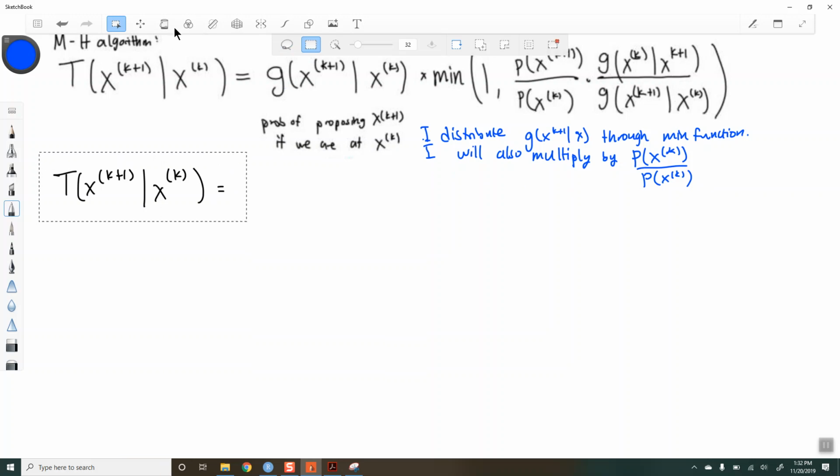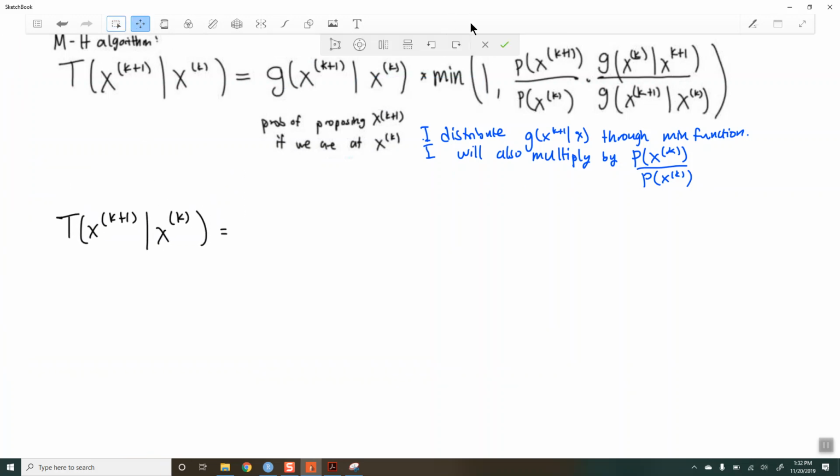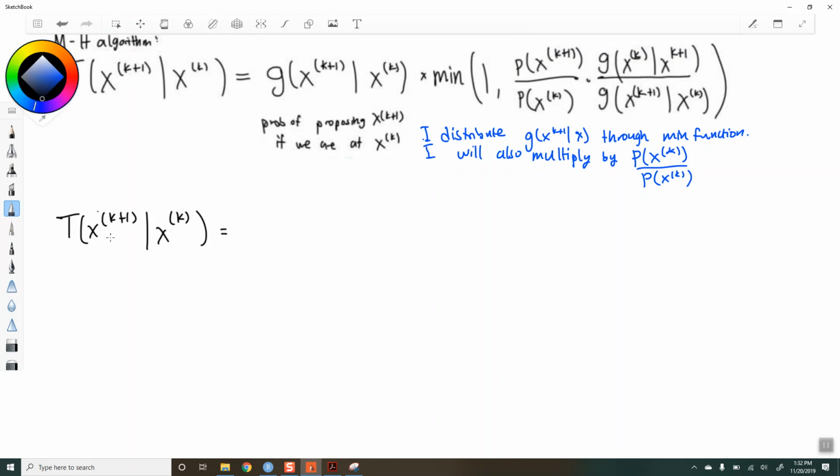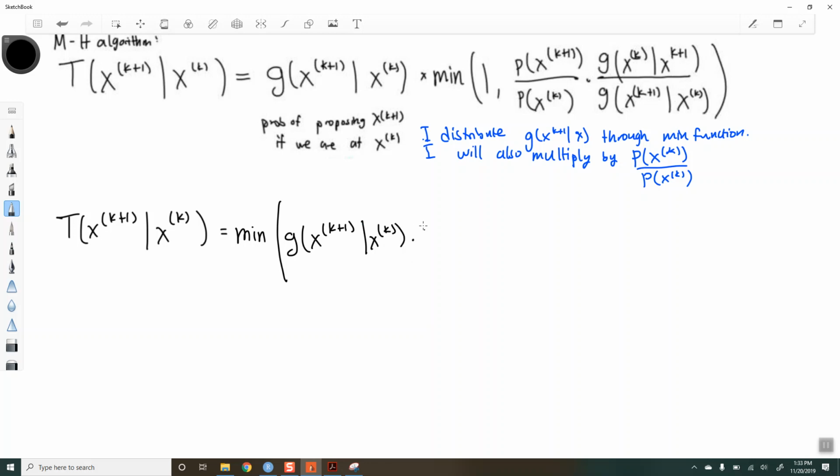So this is going to become the minimum of 1, and I'm going to distribute g of xk plus 1 given xk, and then multiply by probability of xk divided by probability of xk. So this thing is equal to 1, and I think I'm allowed to do that, right?